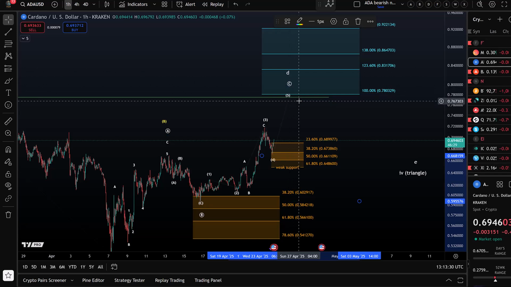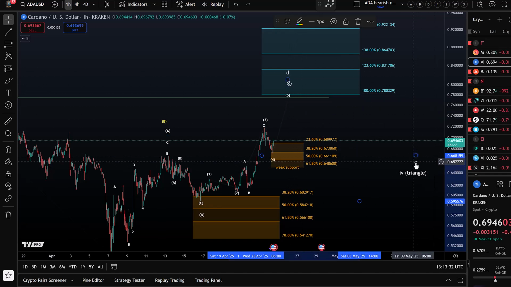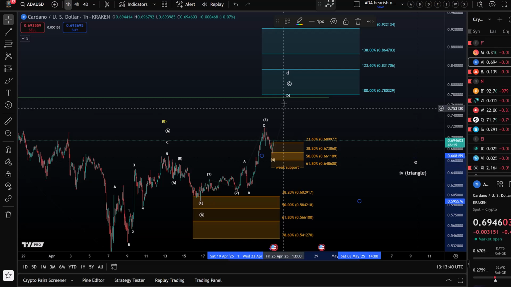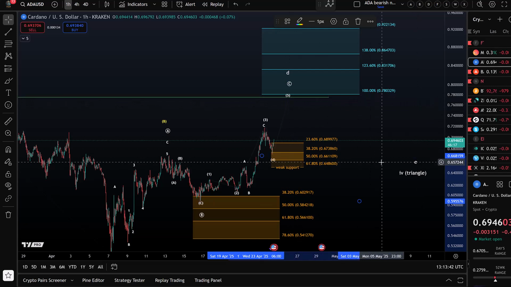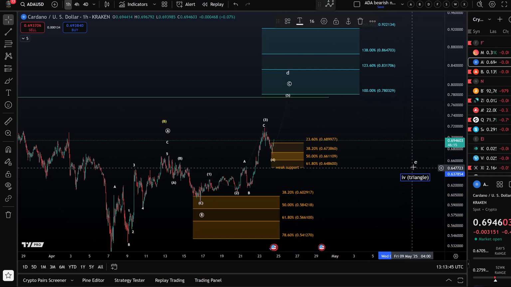Now someone asked me, can you give me a target for the E wave? Unfortunately not, because the E wave would be the next move to come, ideally a higher low after the D wave topped.